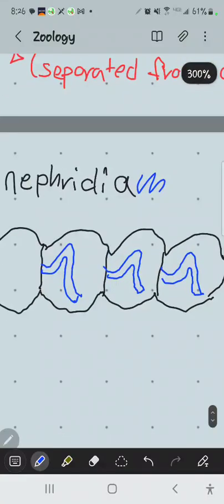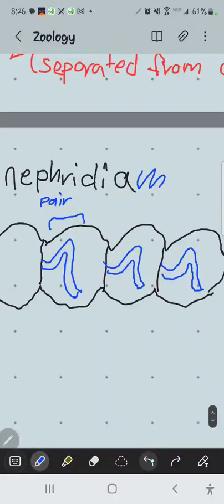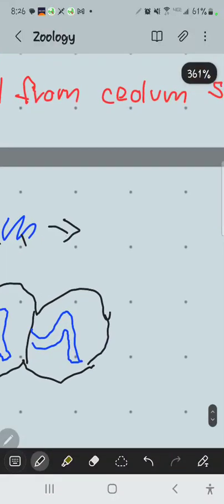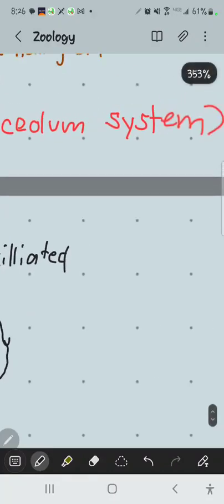So these are nephridia. What the nephridium is, is a ciliated tube that filters the coelomic fluid. This is the ciliated nephrostome.